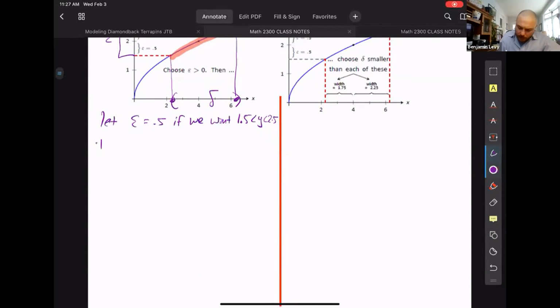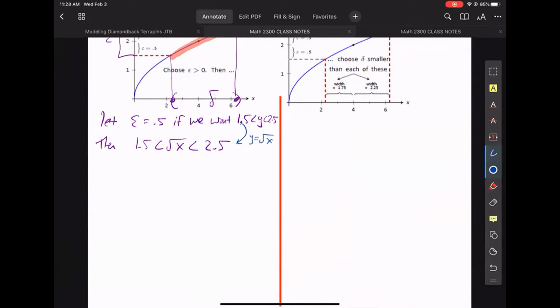Well, that means the square root of x needs to be between those two numbers. From here to here, we know that y equals square root of x, so I just substituted in square root of x. So we want the y values to be between 1.5 and 2.5.